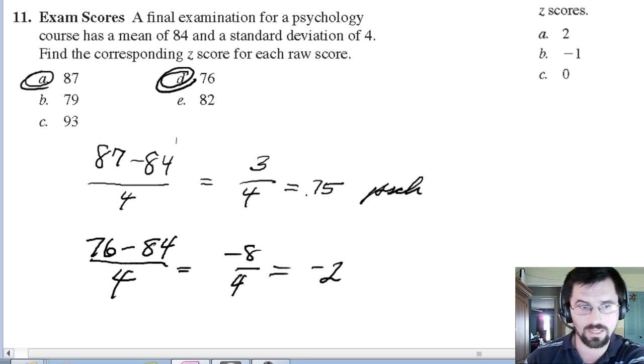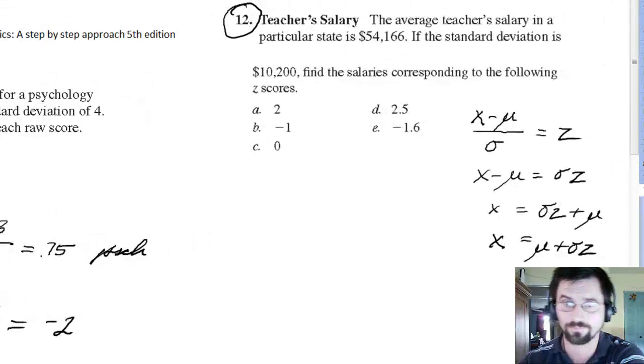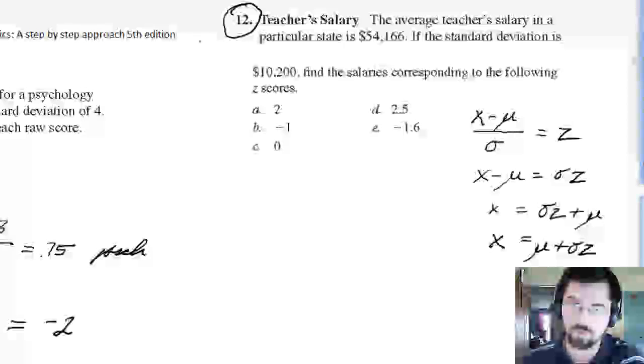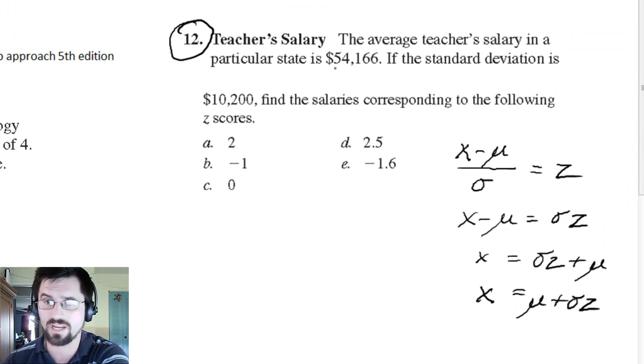Okay, not only can we take a value given a mean and a standard deviation and find the corresponding z-value, but we can also do what we see here in example 12, or problem 12 from page 161. The average teacher's salary in a particular state is $54,166.